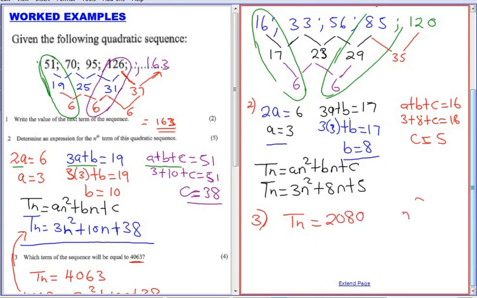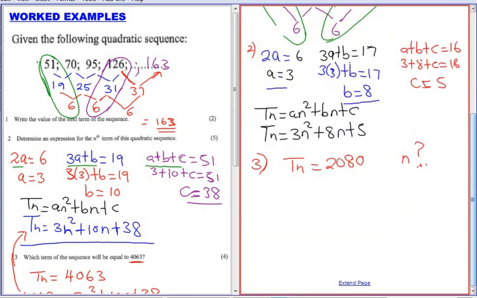And what position is that term? That is what you were asked. So, like I said, you just go on and substitute this Tn into the formula right there. So, in place of Tn, notice I'll put 2080, and everything else I copy it as it is. 3n squared plus 8n plus 5.